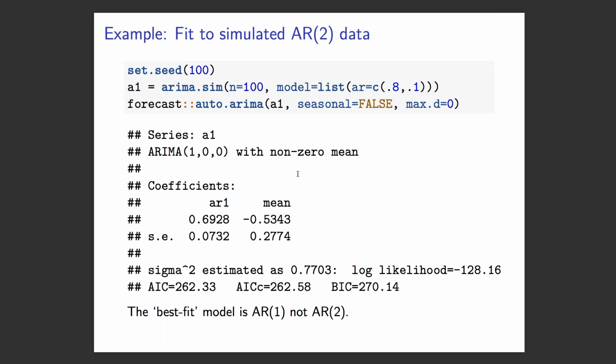And you can see here, this is the model that it estimated, and you can see it's a little more simpler than the actual data. This actual simulated data was AR2. It said the best model was an AR1.